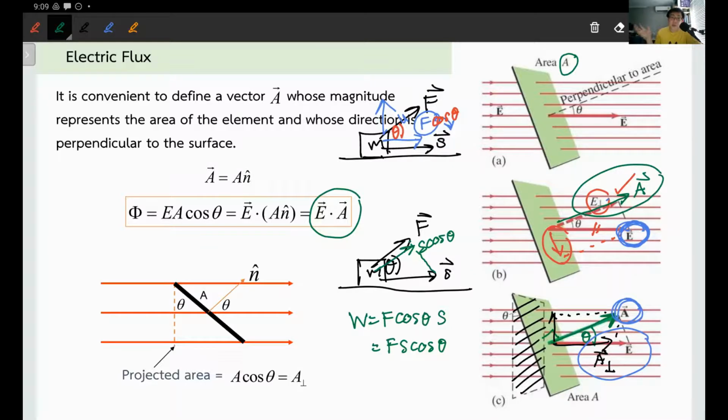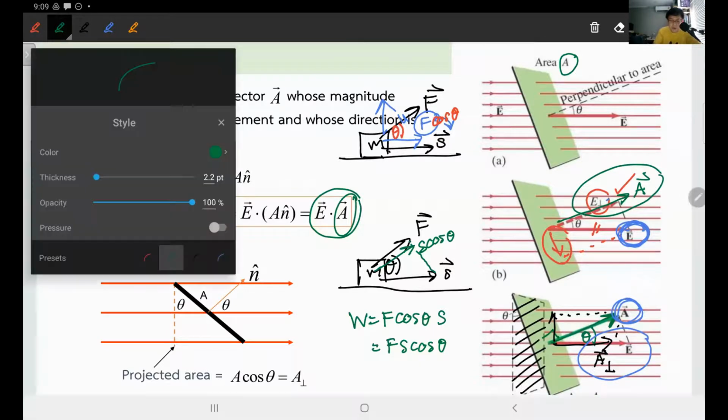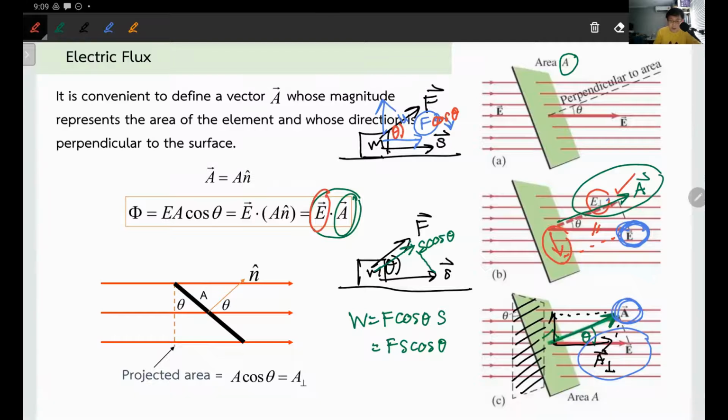One thing we incorporate into this is that whenever you see the area vector, the actual area is perpendicular to the surface. So the surface has the orientation perpendicular to the area vector A. Every time the electric field vector is parallel to the area vector, the electric field points perpendicular to the surface, because we define the area vector to be perpendicular to the actual surface.